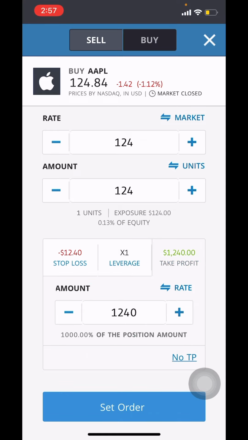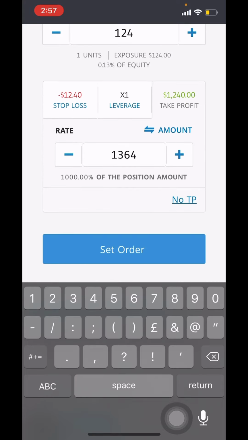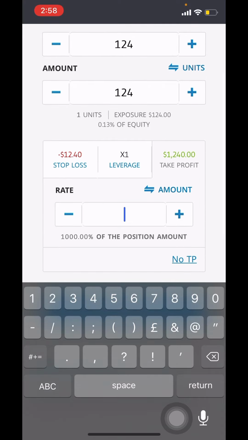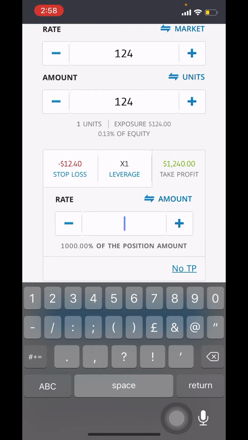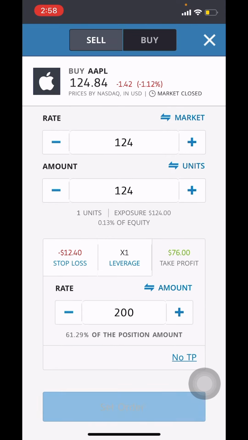Take profit. All right, let's go to rate. Take profit means that you will automatically close the trade when you see the profits on your account. So if Apple stock already has profited, so it rose 5%, 10%, whichever. So let's say you put the rate here. Let's say 200. You can see the take profit number changes to $76.